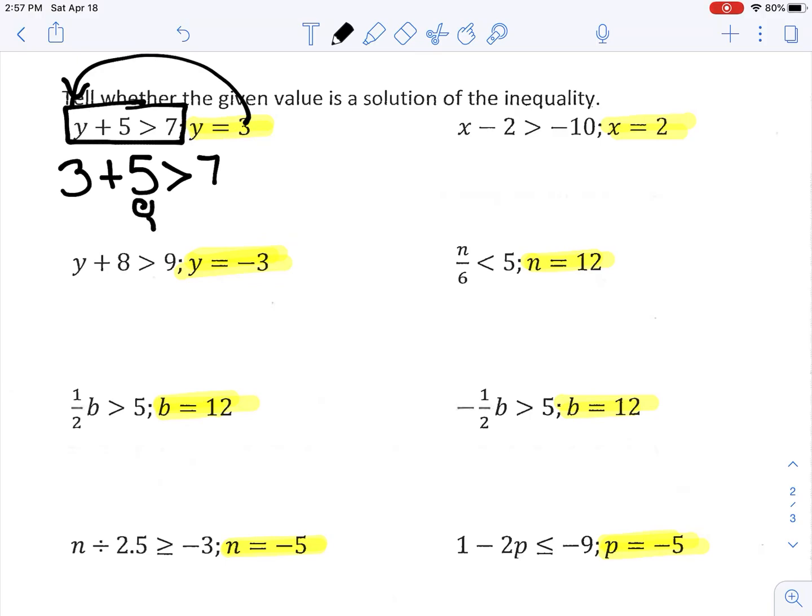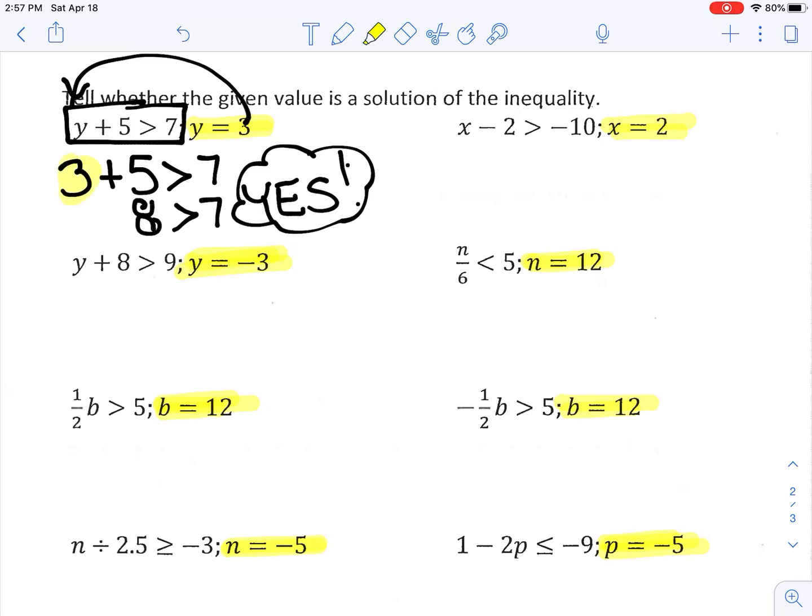Then you're going to do the math. 8 is greater than 7. And then you're going to tell us yes. Yes or no would be your final answer, but make sure that you substitute for your variable and that you have the math that proves your yes or your no.